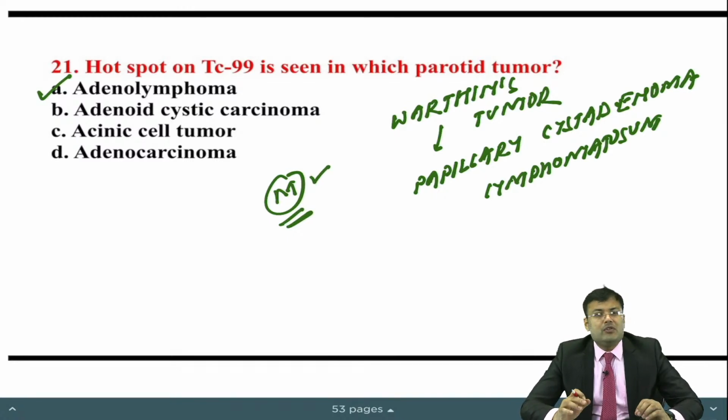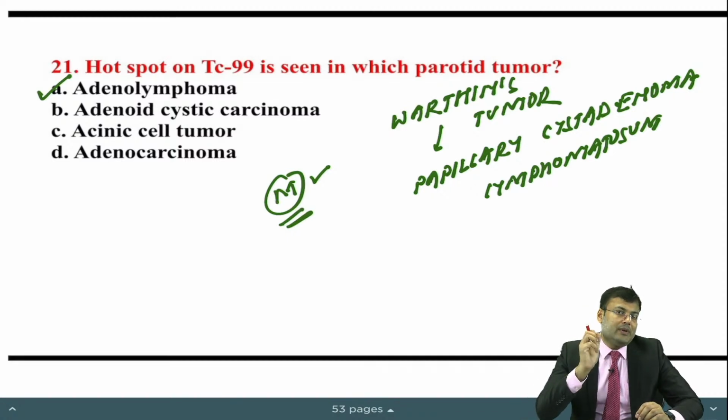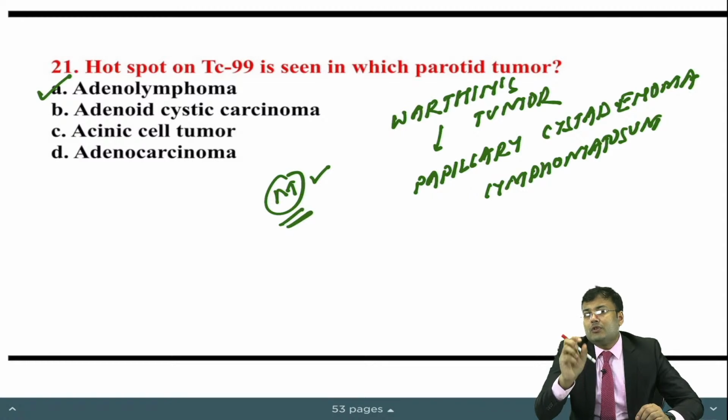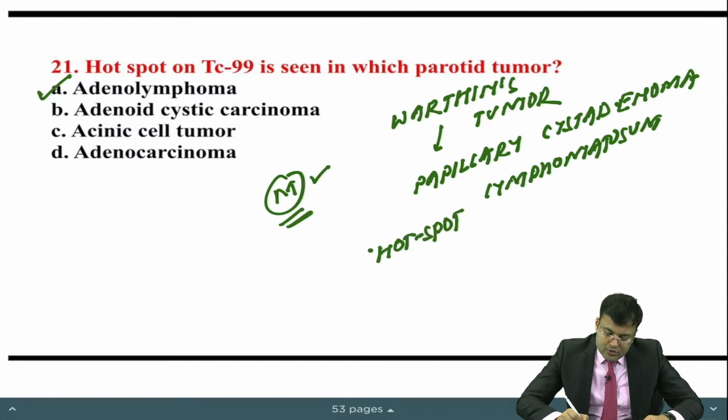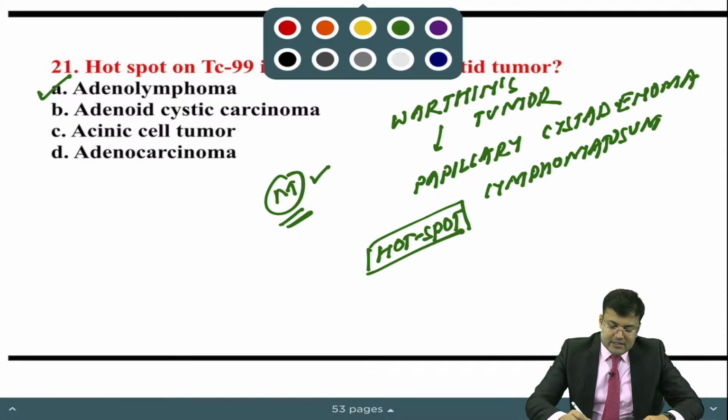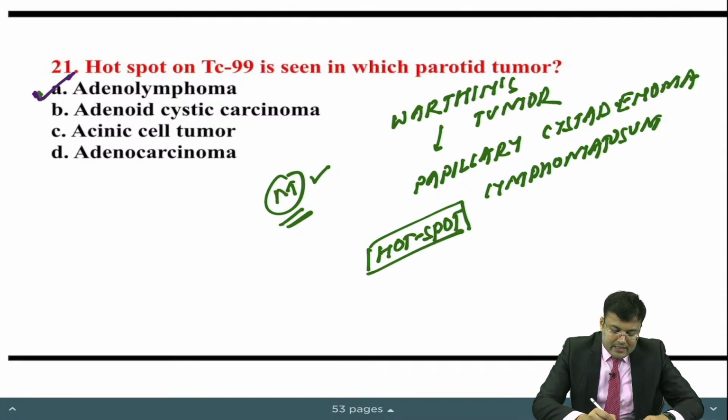And how are we going to diagnose it? By FNAC. Treatment is superficial parotidectomy. Most of the parotid tumors show cold spot on technetium 99, but it shows hot spot. So what is the correct answer for this question? The correct answer is A, that is adenolymphoma.